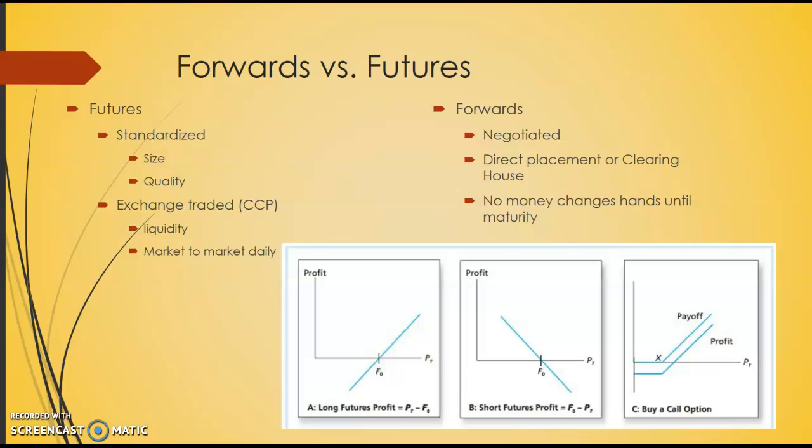With futures, we post an initial margin and a maintenance margin and then money changes hands on a daily basis as it's marked to market. I'll show you an example of that in a little bit when we discuss the mechanics of trading. The next video I want you to watch is an example of using a futures contract to hedge a position.